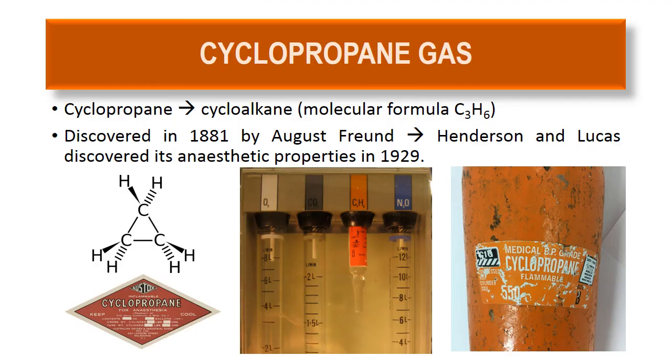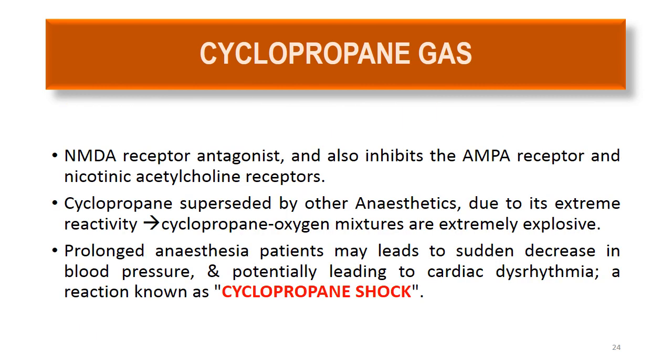Another type of gas is cyclopropane. It is a cycloalkane with molecular formula C3H6, discovered in 1881 by August Freund. Henderson and Lucas discovered its anesthetic properties in 1929. It inhibits NMDA receptors and also inhibits the AMPA receptor and nicotinic acetylcholine receptors.